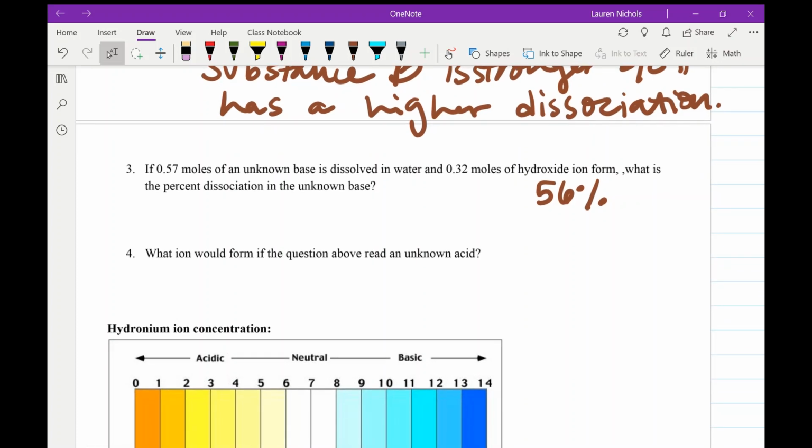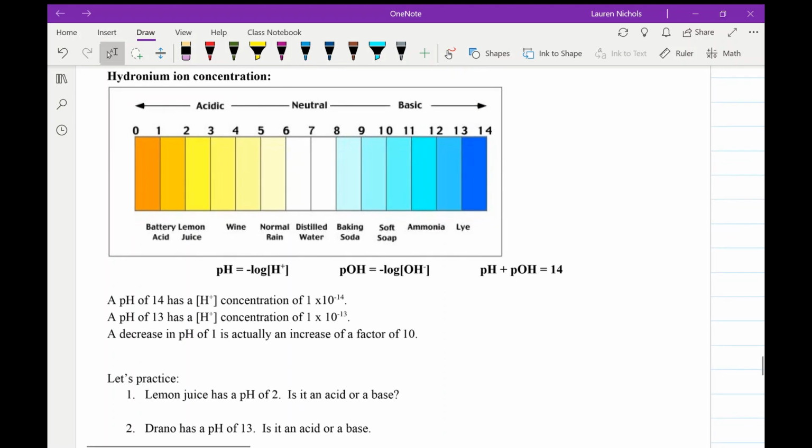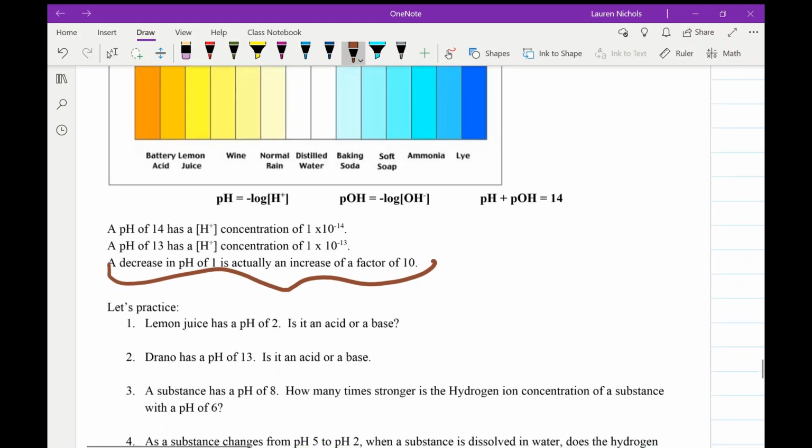If we have an ion, because it's an acid, the ion that forms, okay, in number 3, it's talking about a hydroxide ion, but it's talking about a base. If this was an acid, it would be an H+, or a correct answer would be hydronium ion. Now, with hydronium ions and the pH scale, just remember this from a previous video.